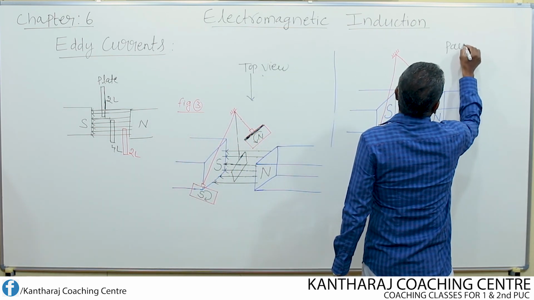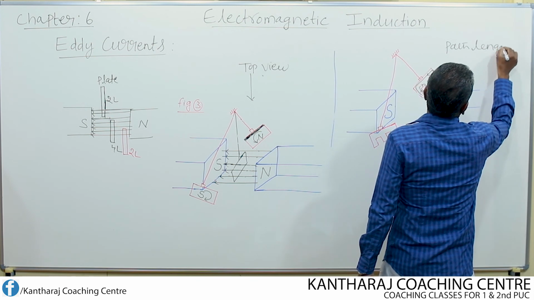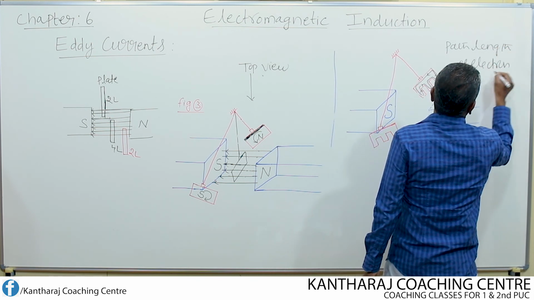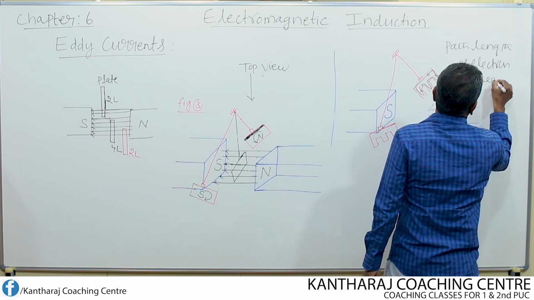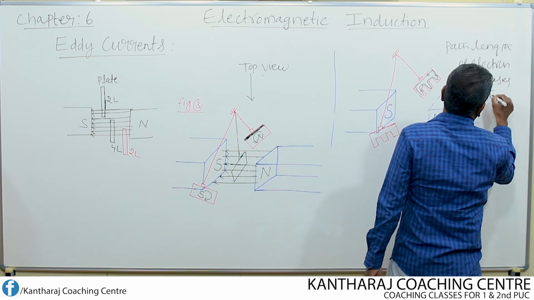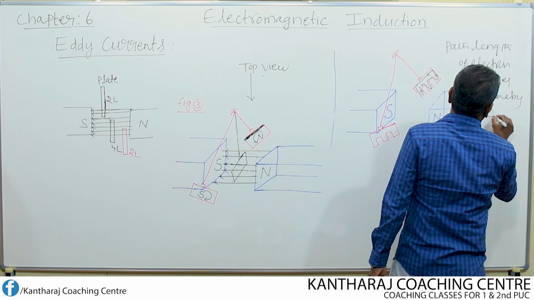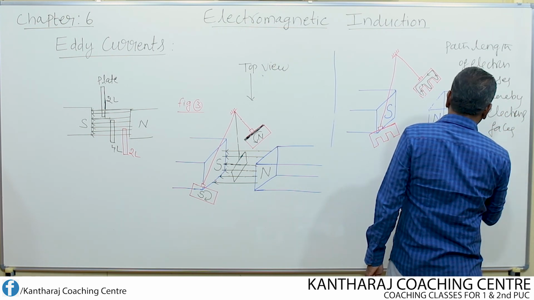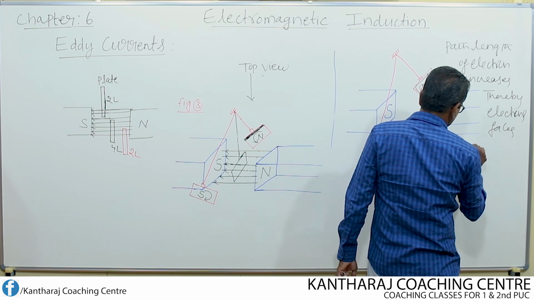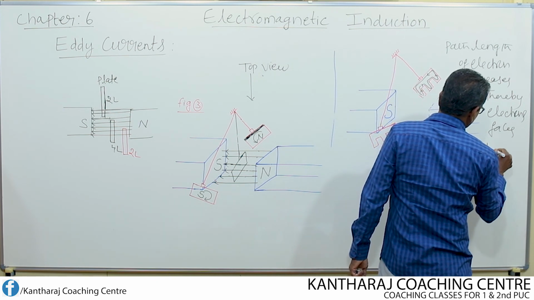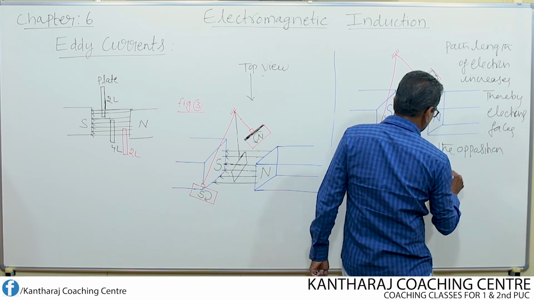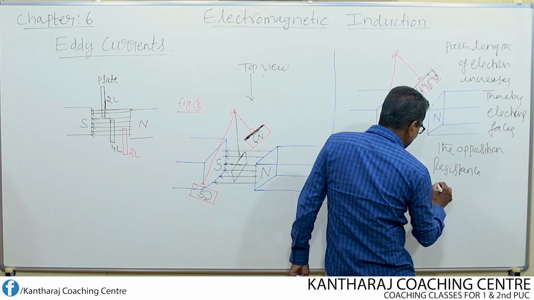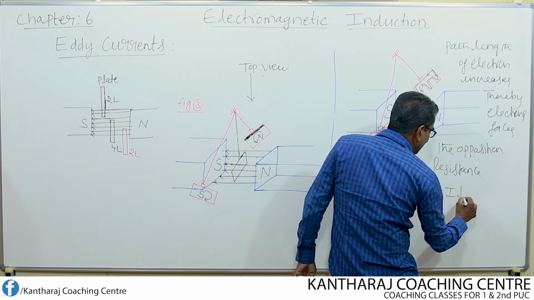The path length of the electron increases, thereby electrons face the opposition. Opposition means resistance, and we know that as resistance increases, current decreases.